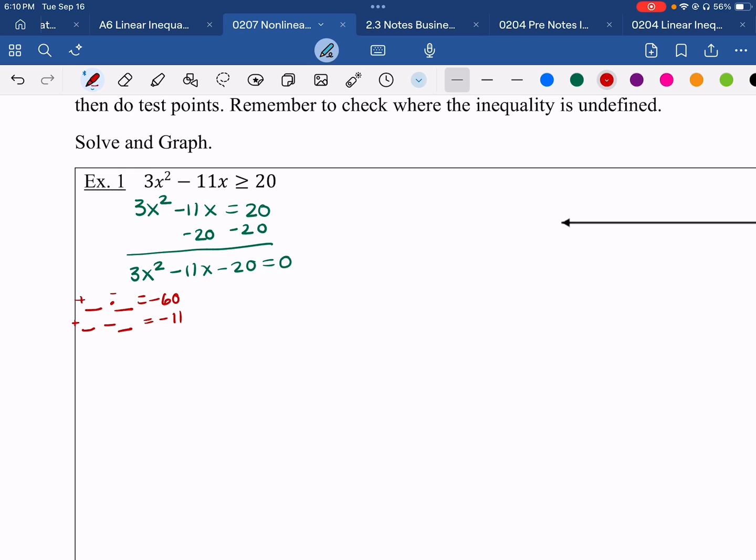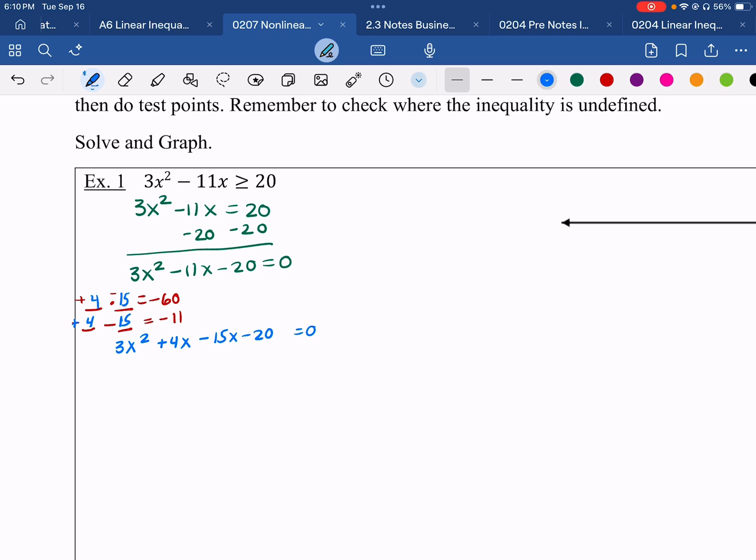So 15 and 4 should work. I want a negative 15 and a positive 4. So I get 3x squared plus 4x minus 15x minus 20.